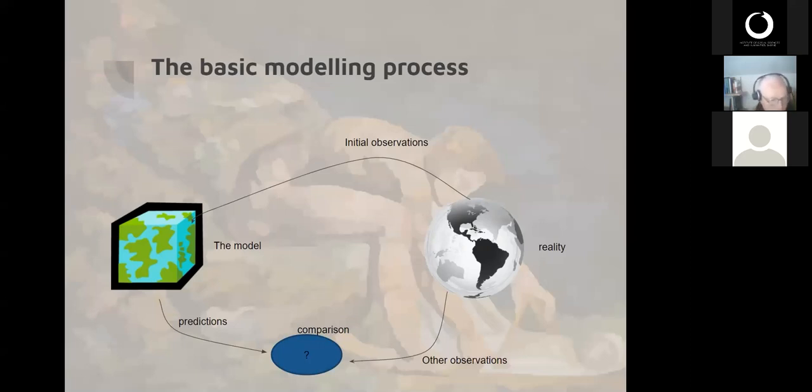And if it's not smaller, it has fewer degrees of freedom than the real world. You have to be able to define what are called boundary conditions for your model from initial observations. From those boundary conditions, you then produce a set of predictions, and you compare these with other observations.